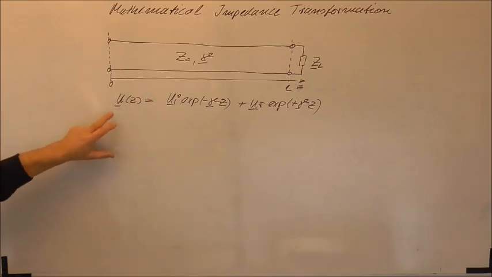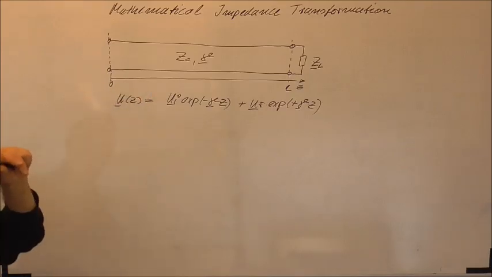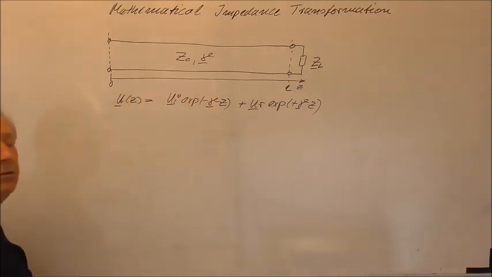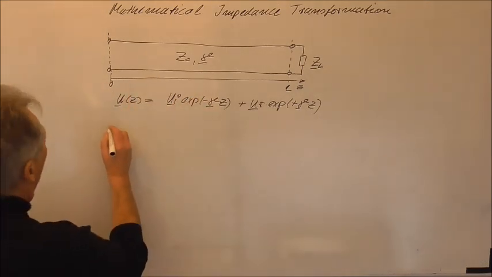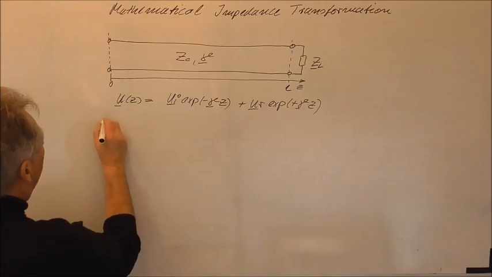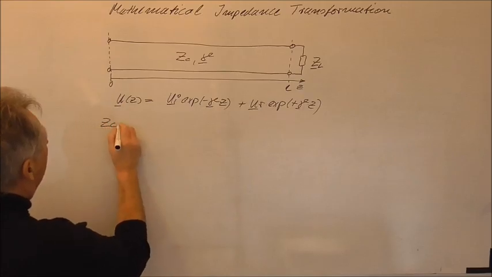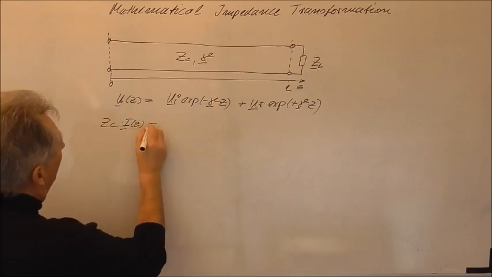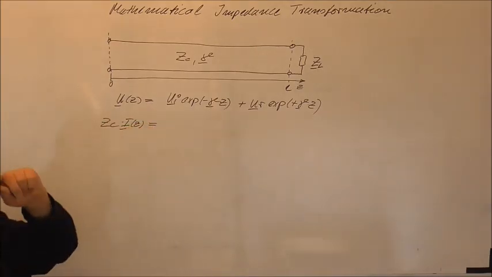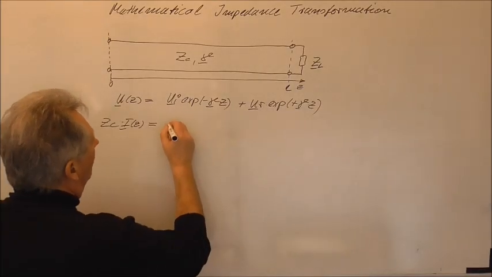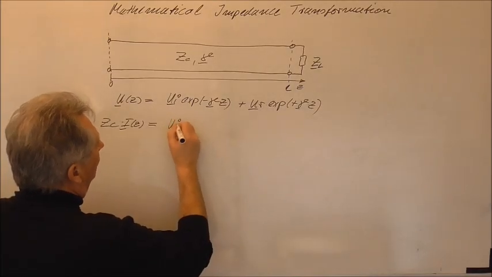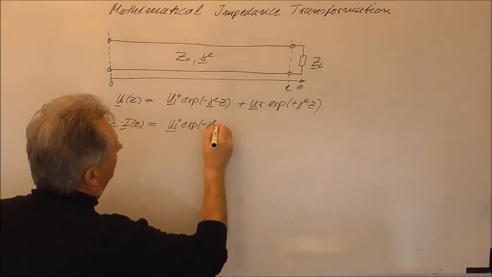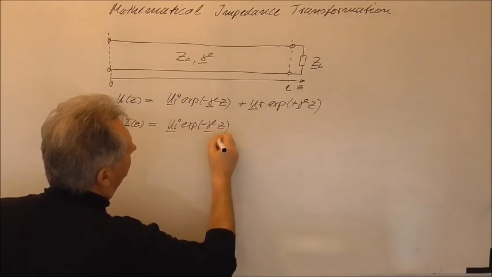Besides the voltage wave, we can also define the current waves, which are also a superposition, and we can write it like this: the characteristic impedance Zc times the current I at a certain point z, which is of course again a voltage, and you see now it's the incident voltage times the exponential function of minus gamma times z.